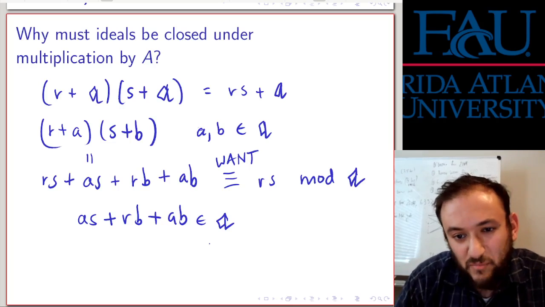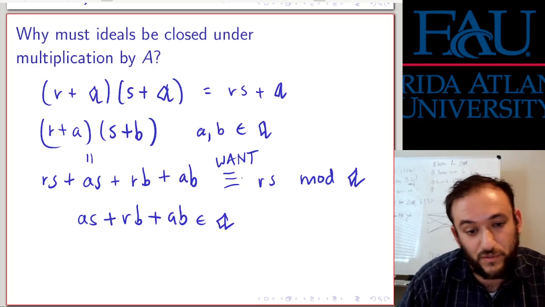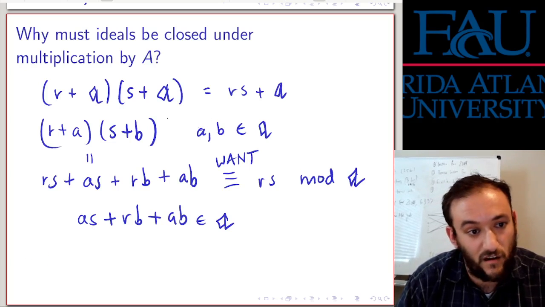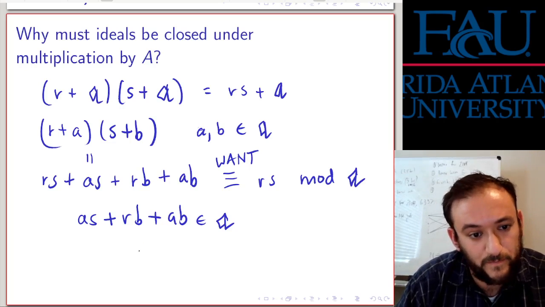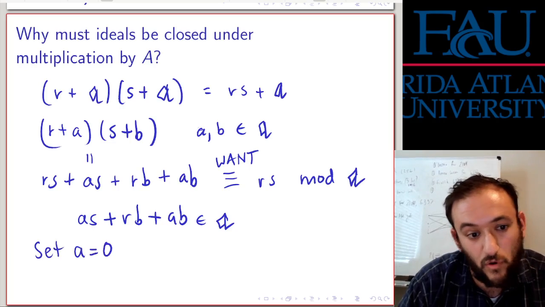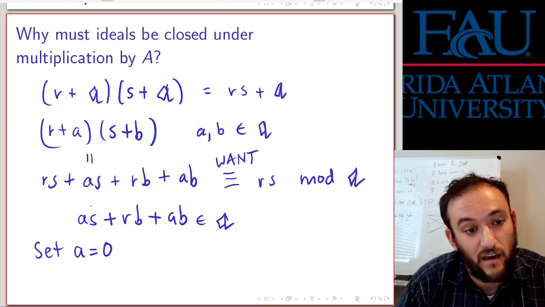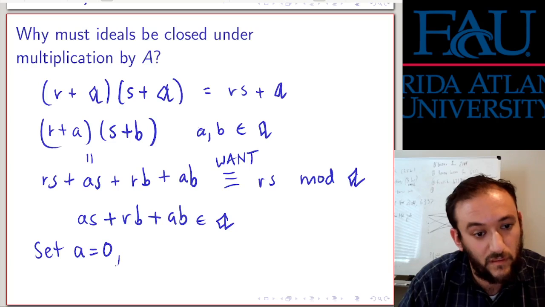Well, in order for this to be true, we need as plus rb plus ab to be in the ideal. And to simplify this, let's set a equal to 0, because this is supposed to work for any element of the ideal, and 0 is in every ideal.